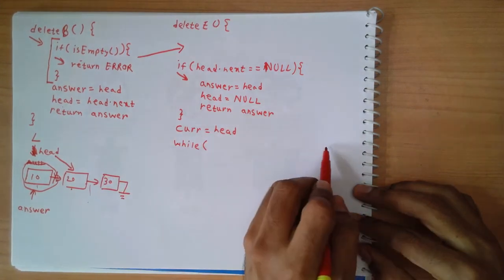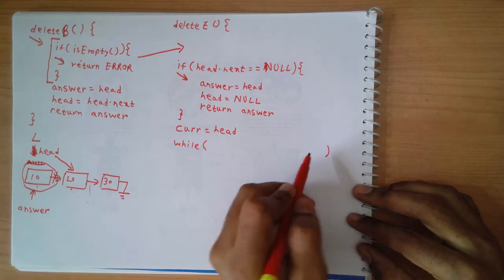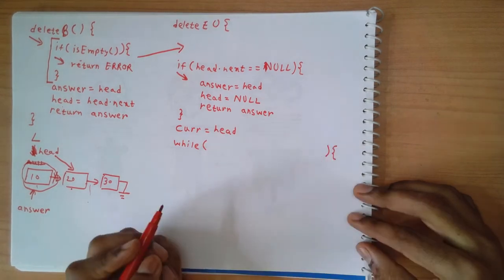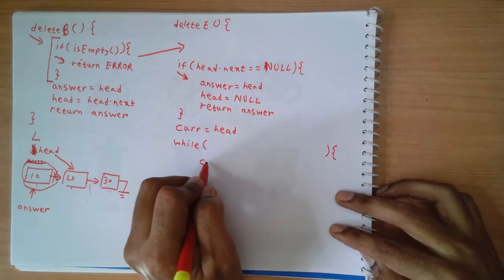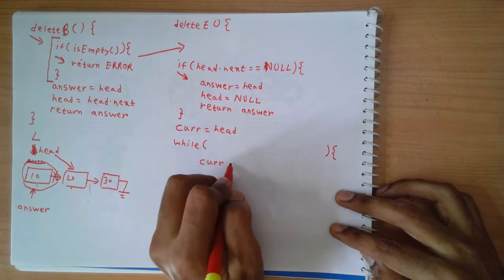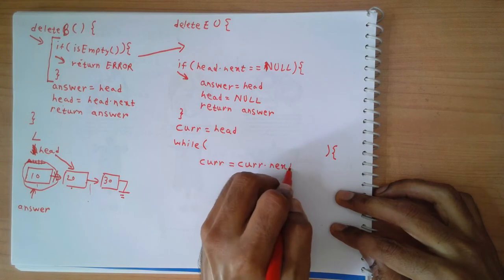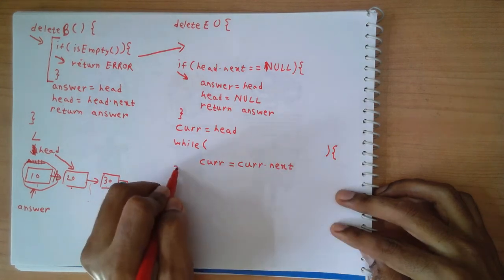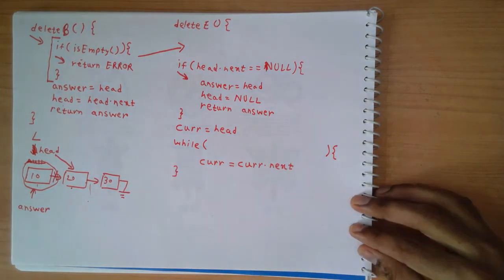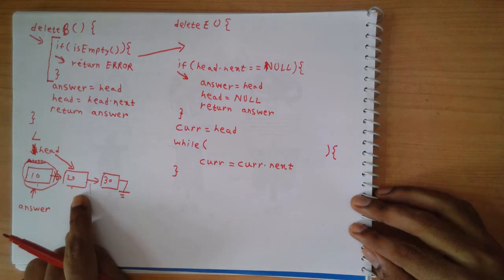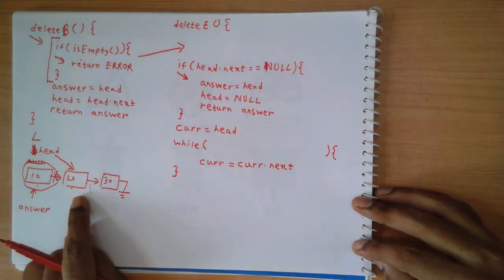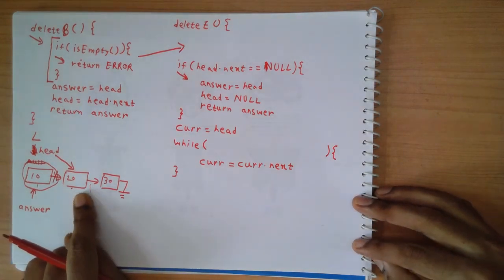I will have a certain condition. We'll write that condition. But what I basically need to do is look at the current and move it to the next pointer, so it should be cur dot next. And you keep on doing this. How long should you do this? Till you reach the second last node. And what is the characteristic of the second last node?